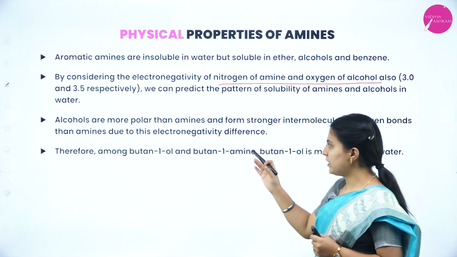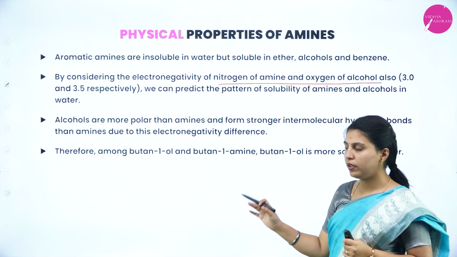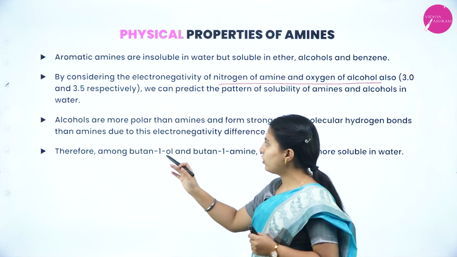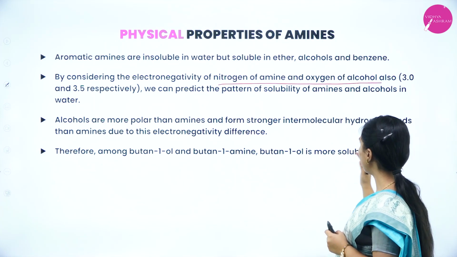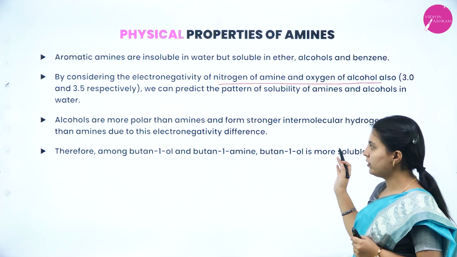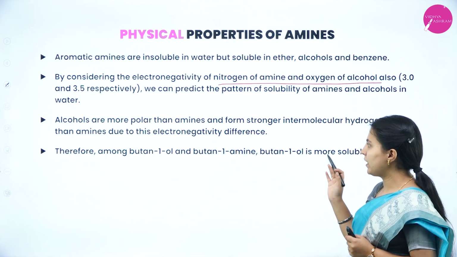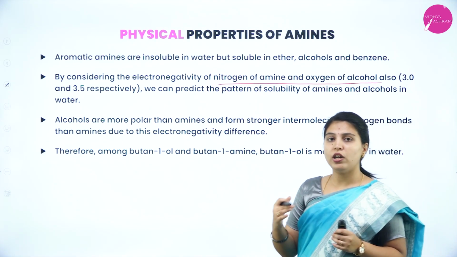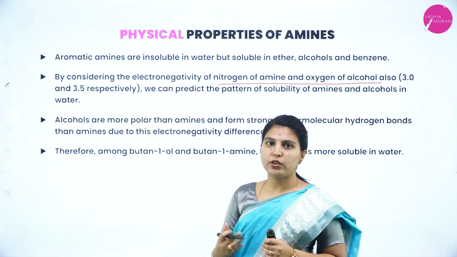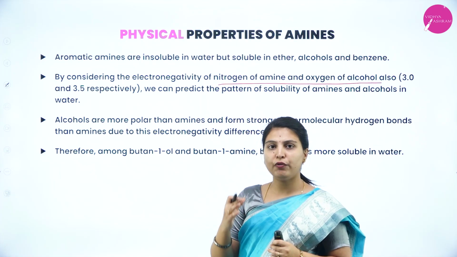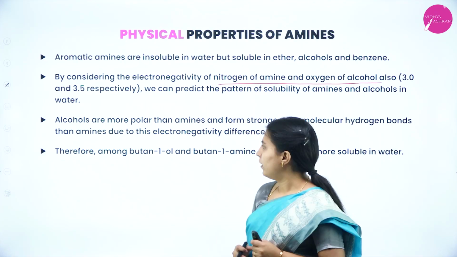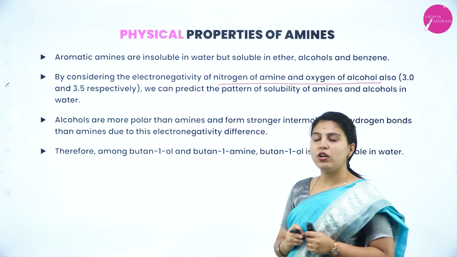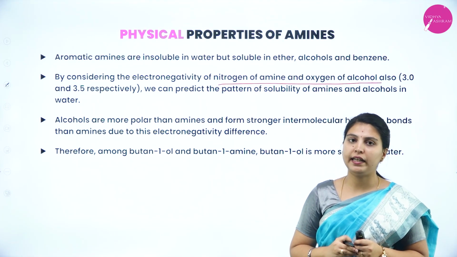By comparing these values, we can predict that alcohols are more polar than amines and form stronger intermolecular hydrogen bonds than amines due to this electronegativity difference. Alcohols have a higher electronegativity value and will form strong intermolecular hydrogen bonds with water, and alcohols are more polar in nature.